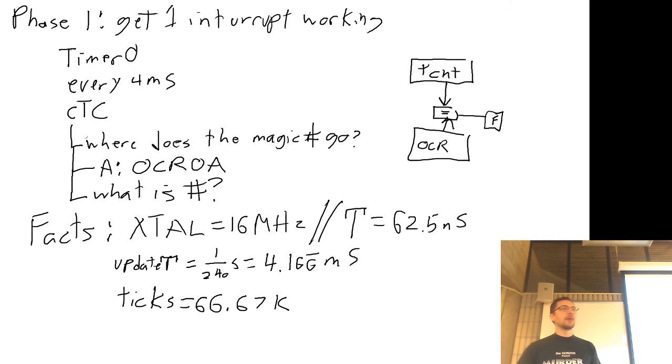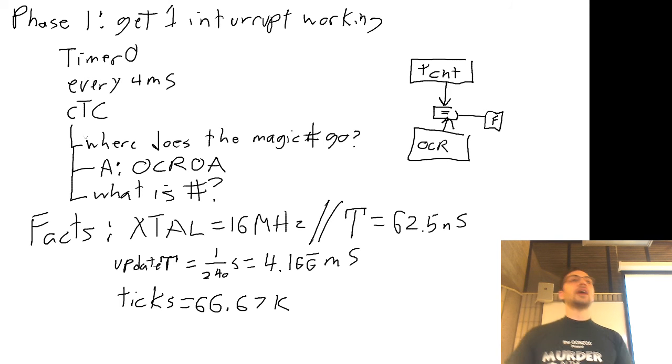So what do I put in my 8-bit register? What's the largest value an 8-bit register can have? 255. 255 versus 66,000. They're close, right? They're in the same ballpark.